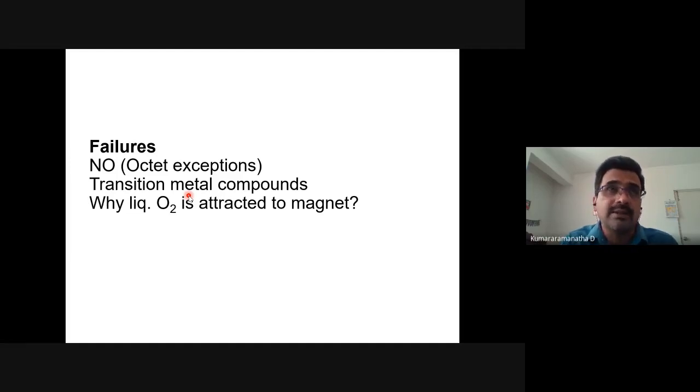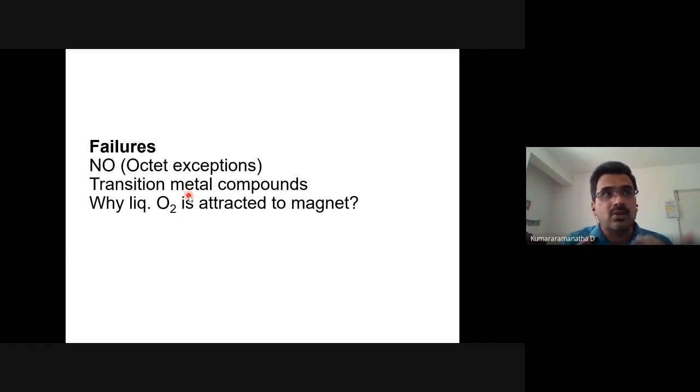And very important aspect is why liquid oxygen is attracted towards magnet. You may be wondering how oxygen, I think now you understand the importance of oxygen. I mean, you're all aware that it is essential for life, breathing and all those.